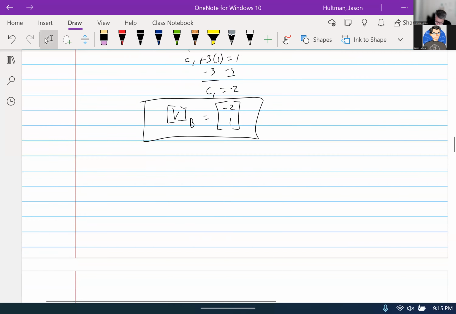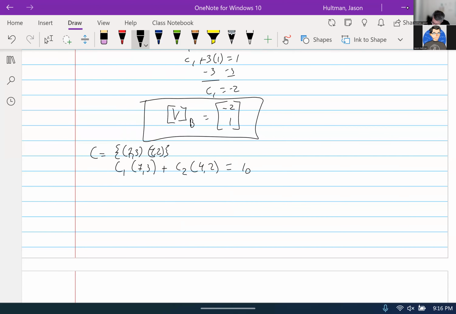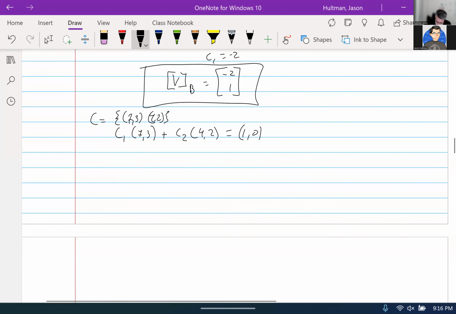Okay, let's do the next one. So I want C1 in terms of [7, 3], plus C2 now in terms of [4, 2], because that was my basis C, right? C was equal to [7, 3] and [4, 2]. And so it's going to equal [1, 0].